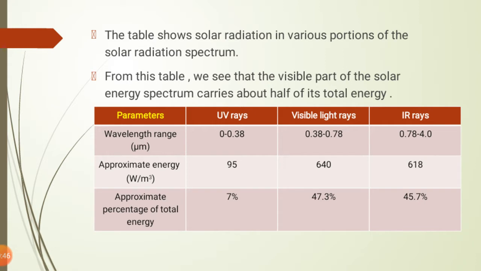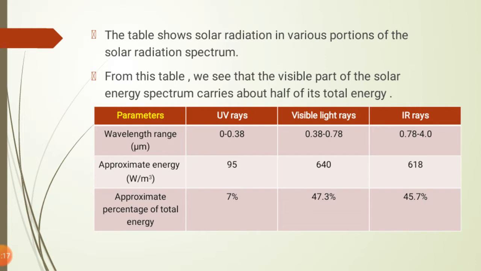So the approximate energy for the UV rays only, not for the total, is nearly 95 watt per meter squared. That means in a particular area the energy we get is of the order of 95. For the visible light rays it is 640 watt per meter squared, and for the IR rays it is 618 watt per meter squared.